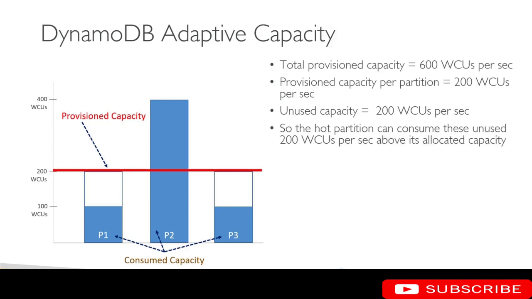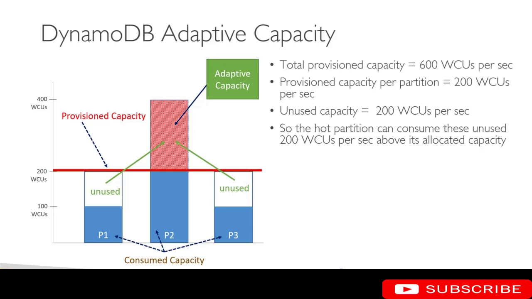So the hot partitions can really consume the unused portions, and this is what is called adaptive capacity. So DynamoDB comes to your rescue here. It gathers the unused capacity from other partitions and helps the hot partitions to really use more than their provisioned capacity.